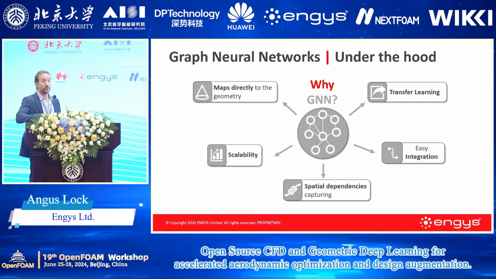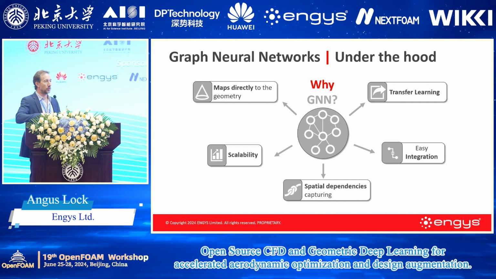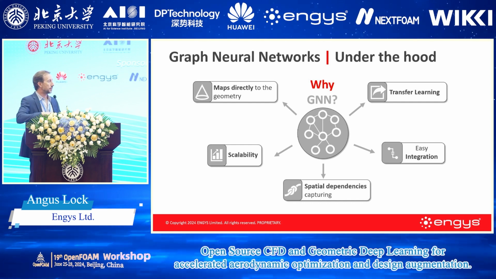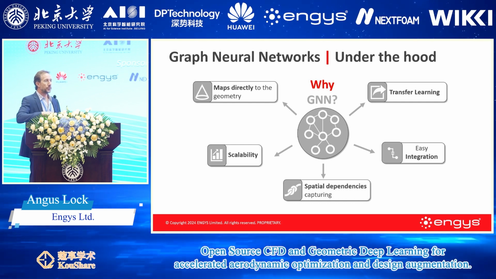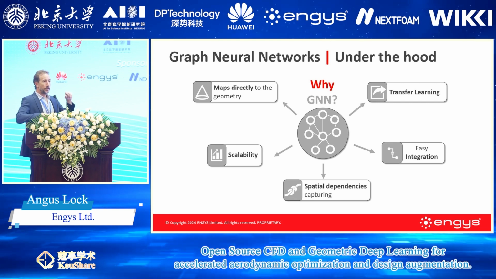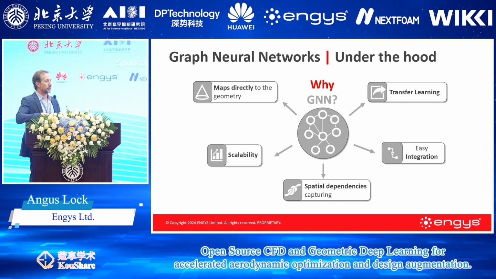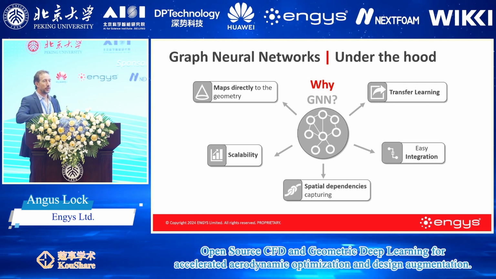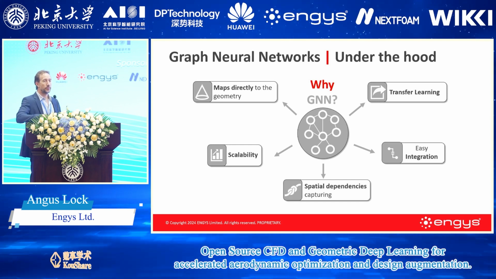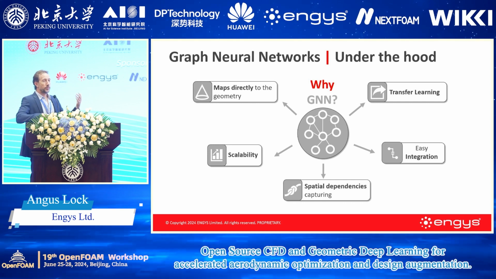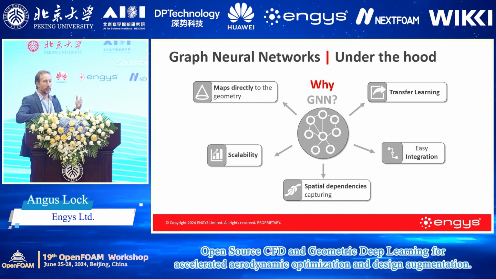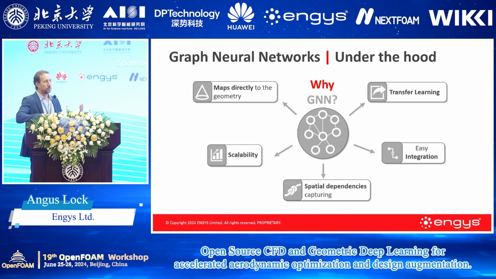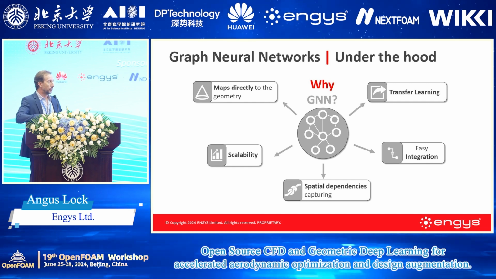It also makes it very scalable. We can look at objects of different size. And it also captures the spatial dependencies. So the vertices and surrounding edges of the 3D object are mapped to a similar structure in the graph neural network. And so the influence of pressure, for example, of surrounding vertices in the 3D CFD is mimicked in the graph neural network.